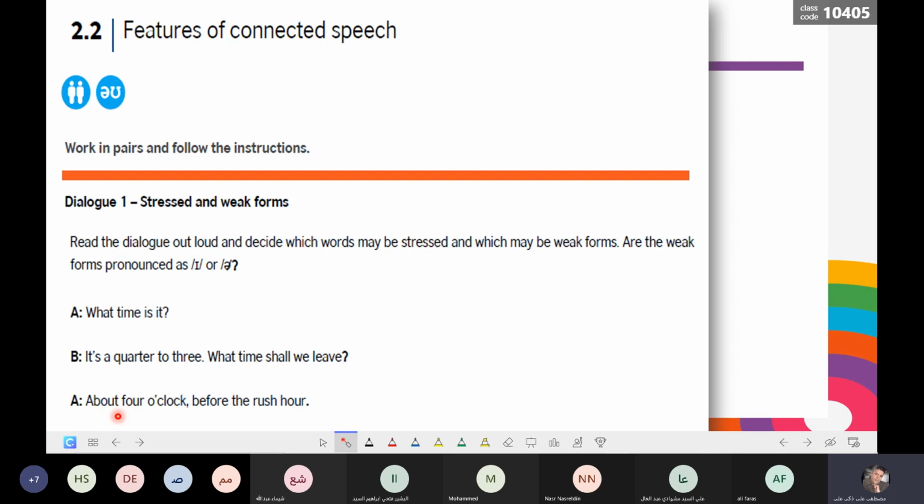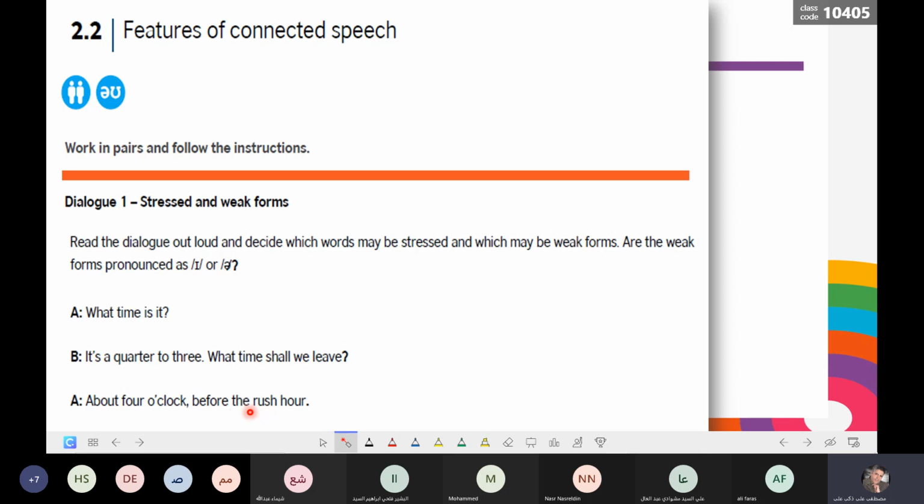And Mr. Al-Bashir said about 4 o'clock. The stressed syllables. I think 4. Yes. About 4 o'clock. And the word about is going to be weak. About 4 o'clock.